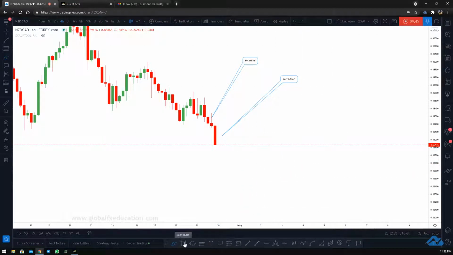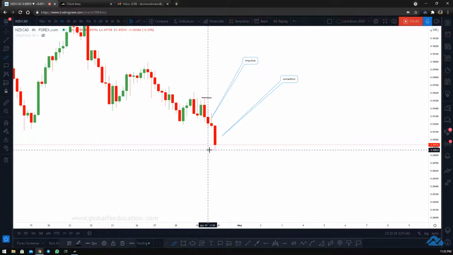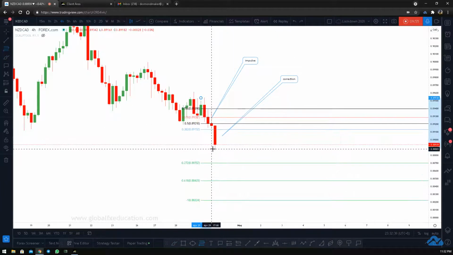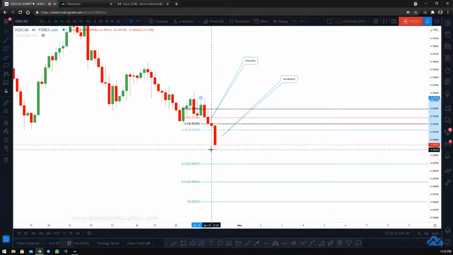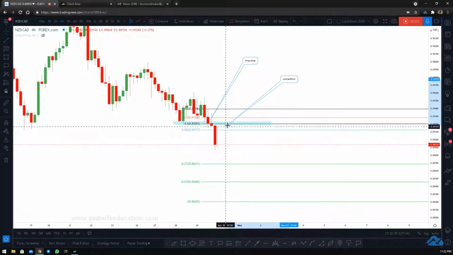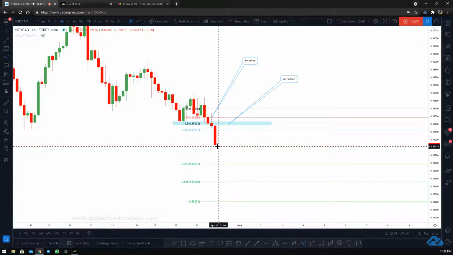Quite simple. If you take your Fibonacci from the high of this impulse over here to the low of this impulse here, you can see where the strongest levels of the Fibonacci retracement tool are. For me, I will be waiting around this area over here for a good correction to happen before I'm going to actually look for a swing trading opportunity.